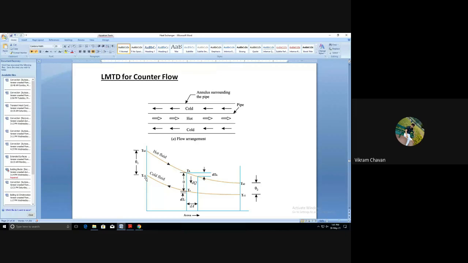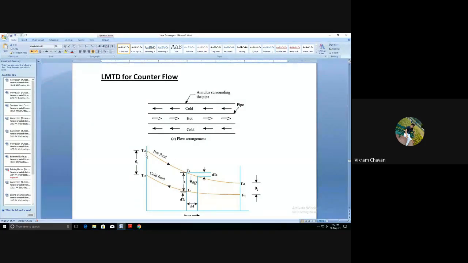So TC2 will be on the exit side, or we can say on the inlet side of the hot fluid. Where the inlet of the hot fluid is, on this side is the exit of the cold fluid, and where the exit of the hot fluid is, on this side is the inlet of the cold fluid. So that is the difference between a parallel flow and a counter flow heat exchanger.